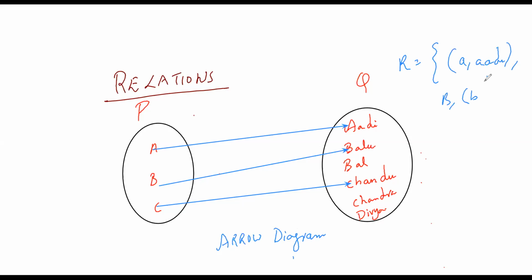Please ignore my capital and small letters; it doesn't matter if it is capital or small. So R is nothing but the relationship. Is it clear? Nothing complex in this, a very simple representation.